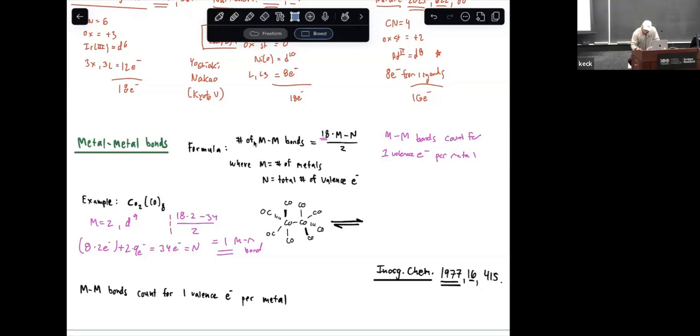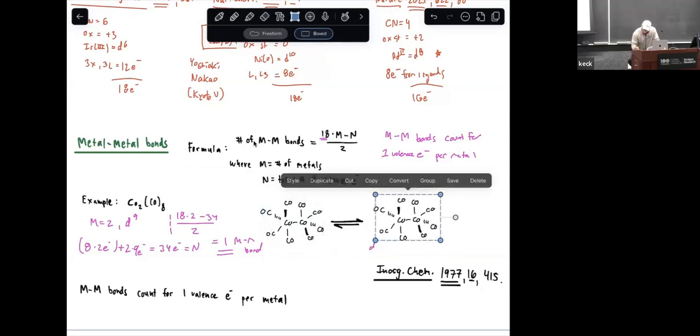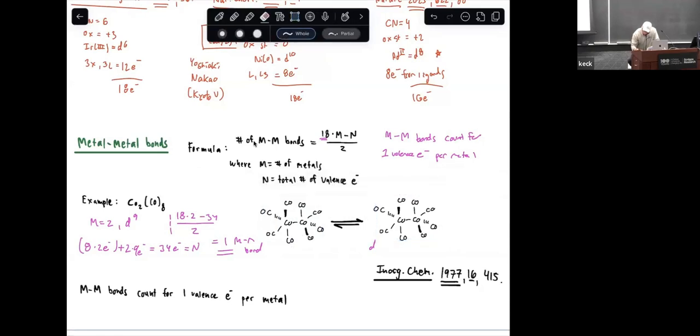And in fact, though you have no reason to know this, if you happen to know this and you're into these metal carbonyl complexes, this is a bit of a simplification, because this complex actually exists in equilibrium between two states as shown here.